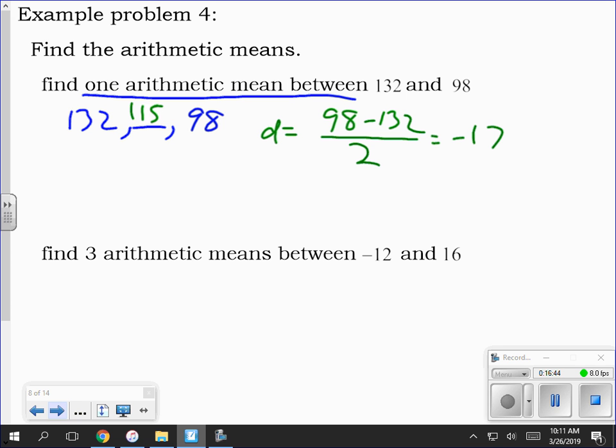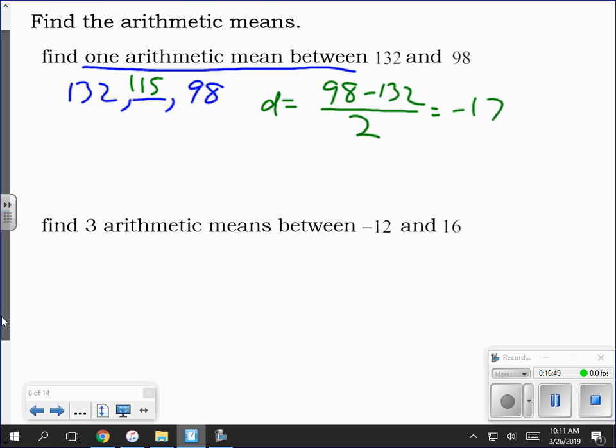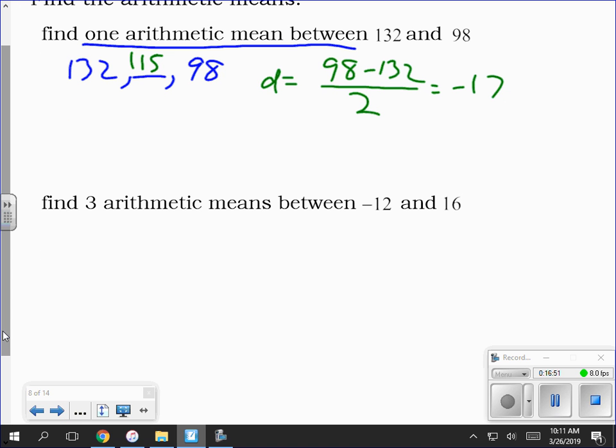When you start adding spaces in, that's where it starts to get fun. So here I want to find 3 arithmetic means between negative 12 and 16. So I have negative 12, and I'm looking for 1, 2, 3 numbers that will get me to 16.